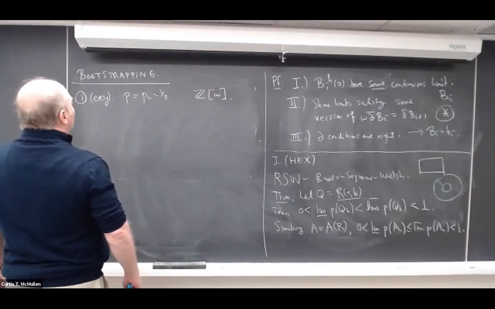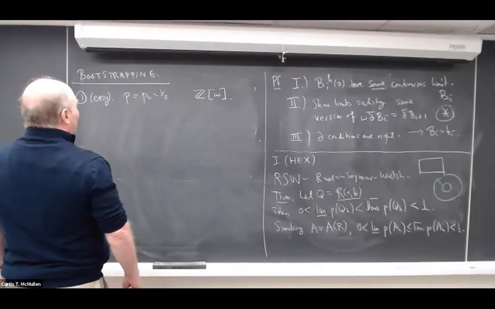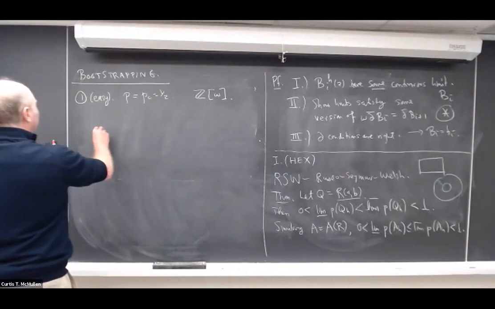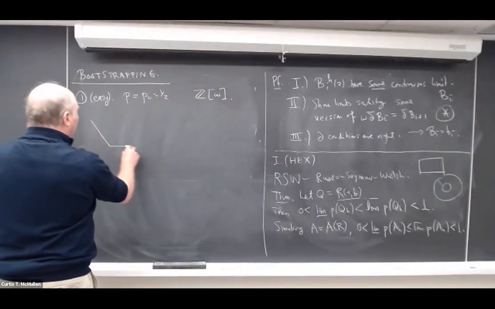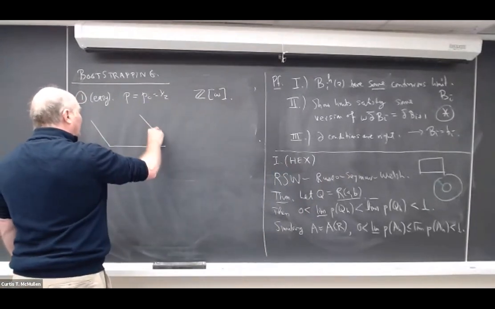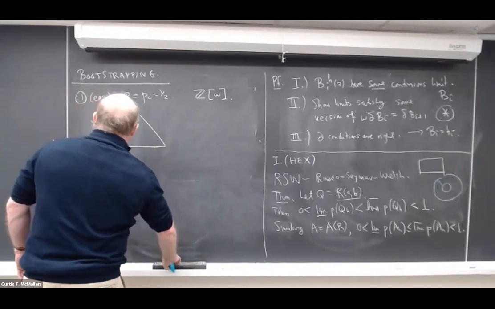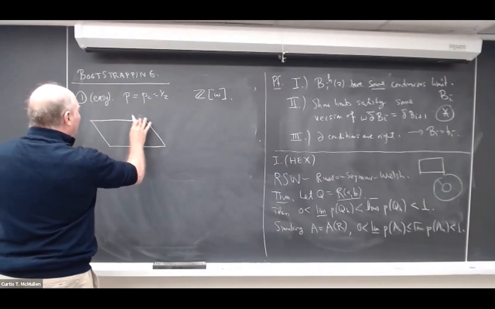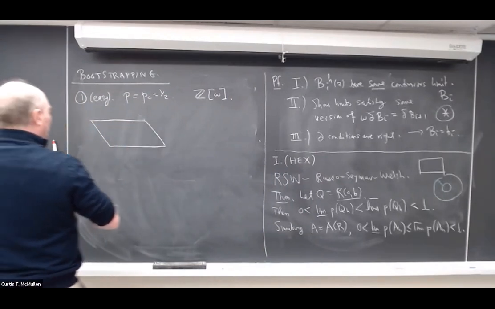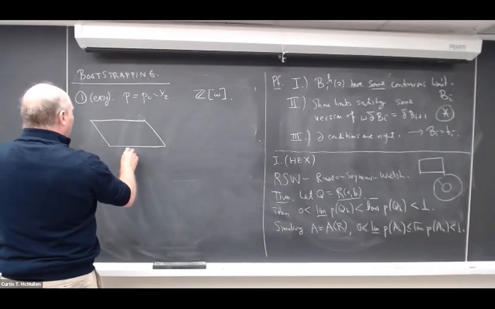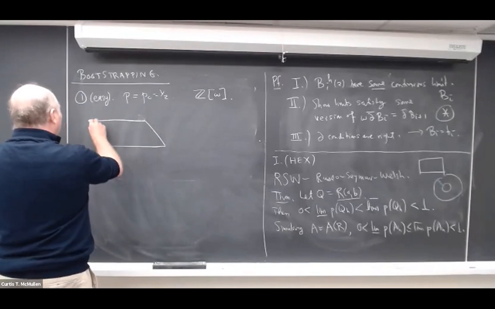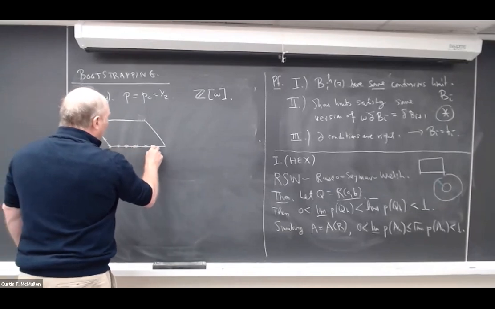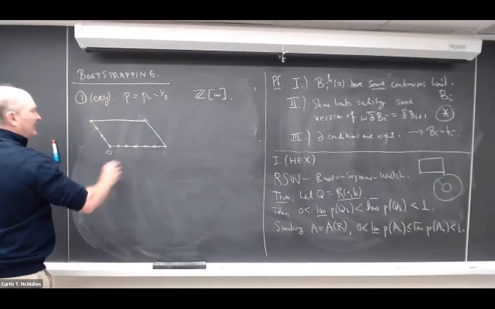And instead of doing a rectangle, just for simplicity, I'm going to do something a little bit simpler, which will imply what's true for rectangles, which is I'm going to take a rhombus, not a rhombus, a parallelogram with vertices in the Z omega lattice.